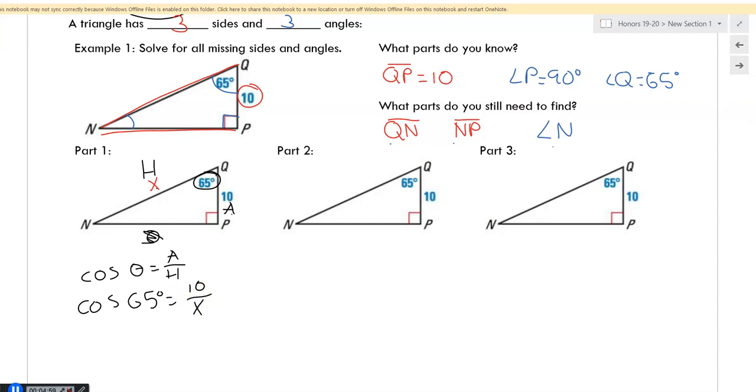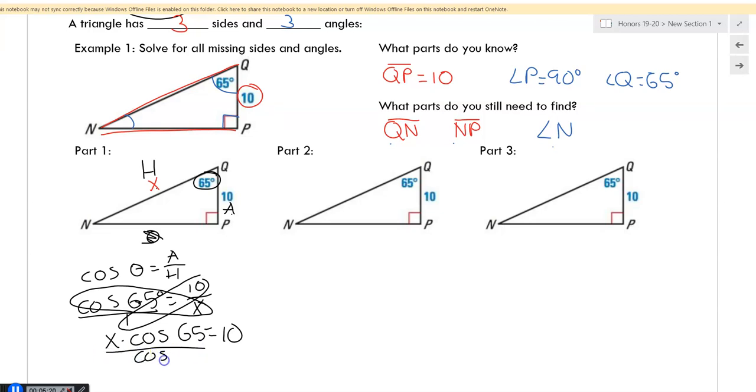The x is in the denominator, right? This is what we looked at a few days ago. We still have to cross multiply. Equals 10. And then again, with these ones, when we get to this step, we still have to divide.